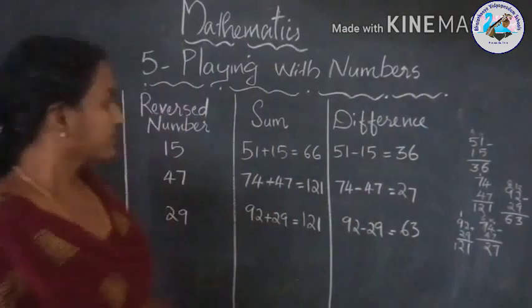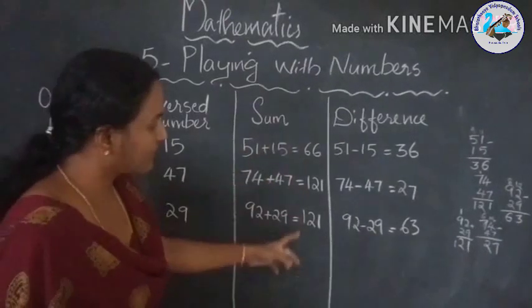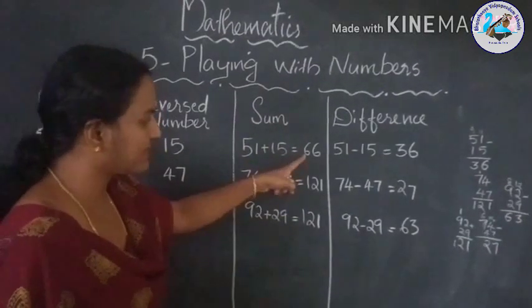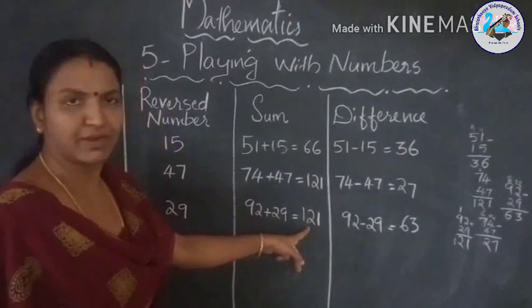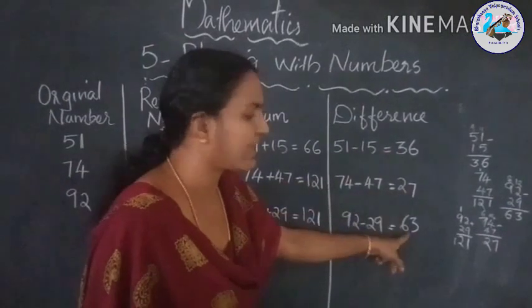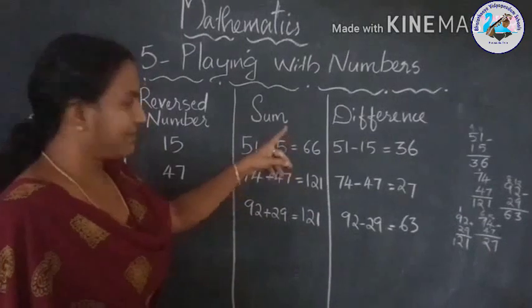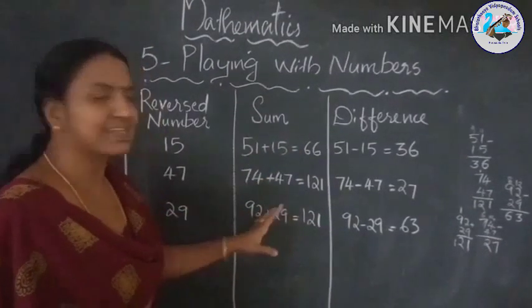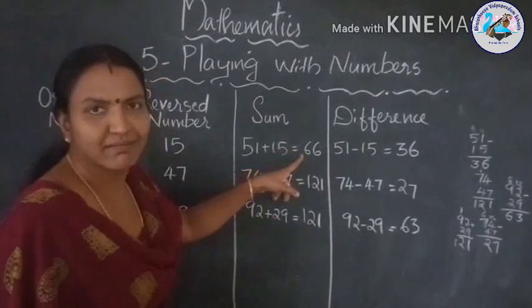Okay. Do you notice any pattern? First look at the sum. Here the sum is 66, here 121, here 121. The differences are 36, 27 and 63. Looking at the sum, yes, the sum is always a multiple of 11. 11 6s are 66.